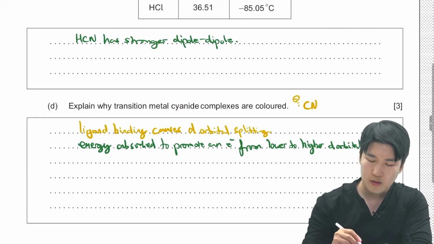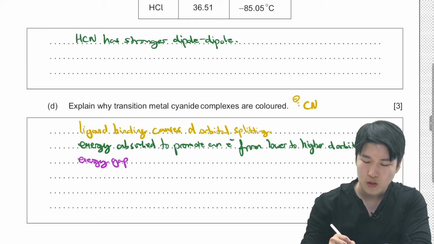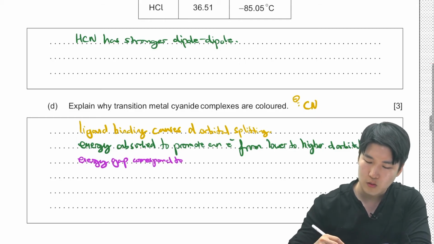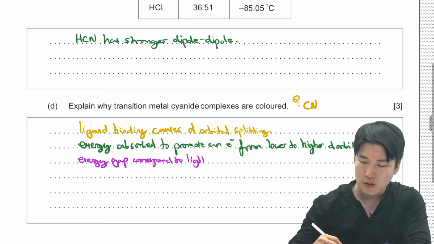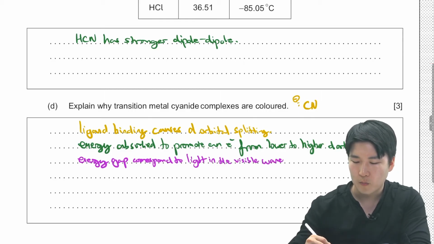What's next? The energy gap in the 3d orbitals, the 3d orbital levels correspond to light in the visible wavelength.